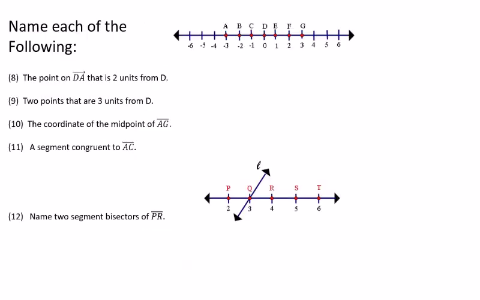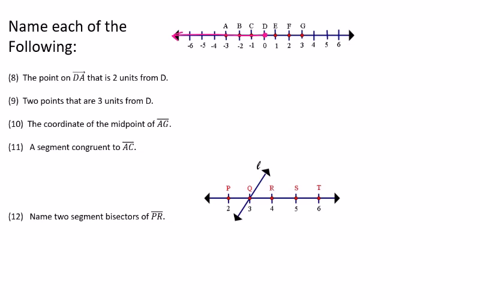All right. So the next one, name each of the following. Number 8, the point on ray DA that is 2 units from D. That's the ray symbol. Ray DA is going to go towards A. It starts at D and goes towards A forever, and past A in that direction.